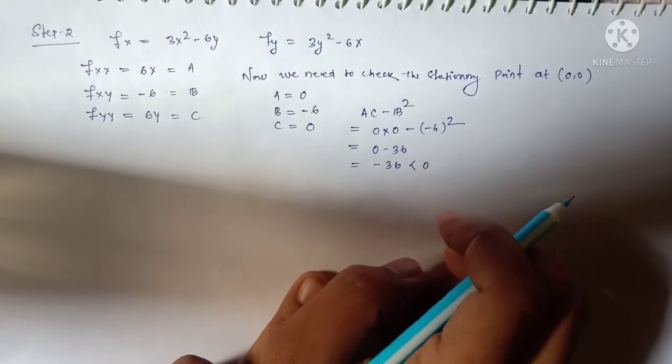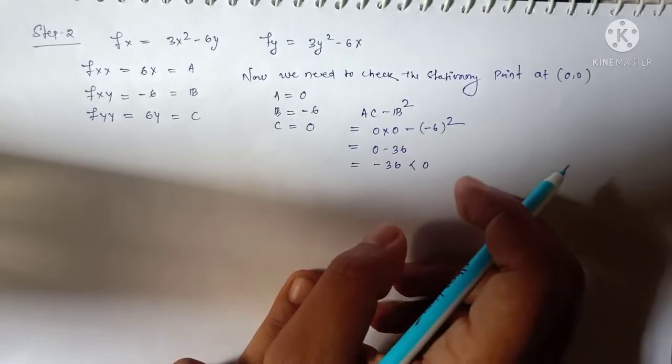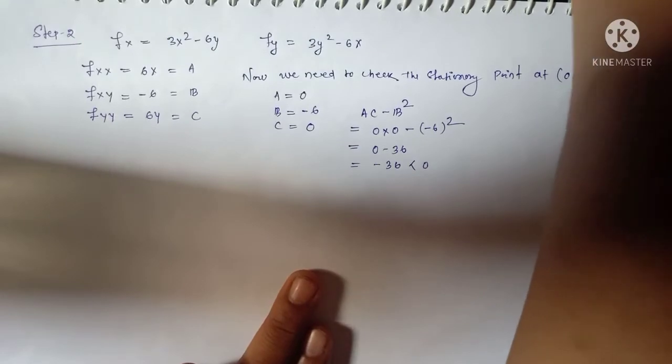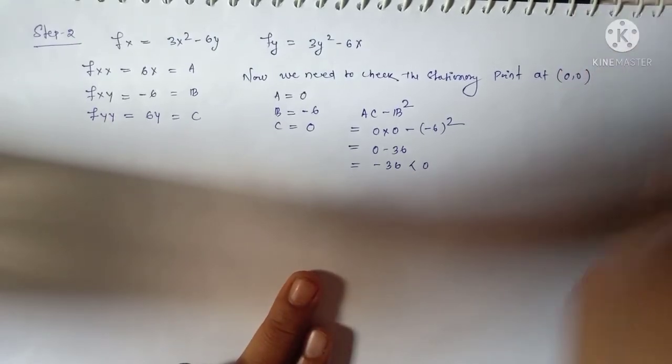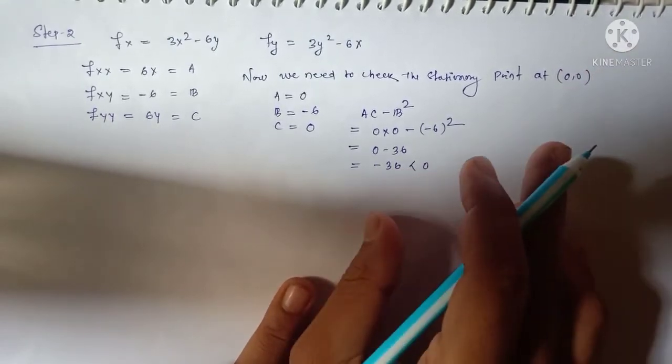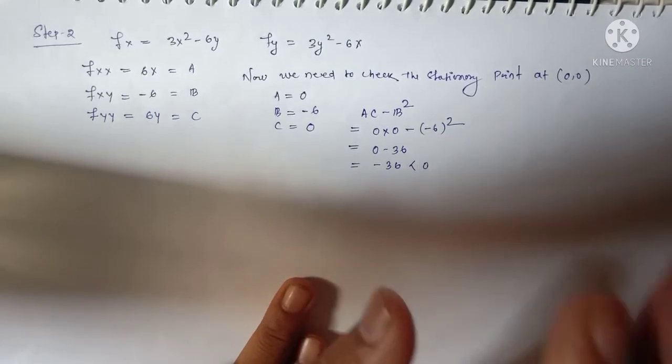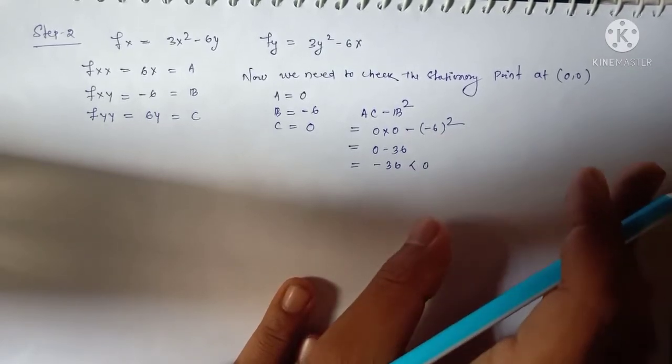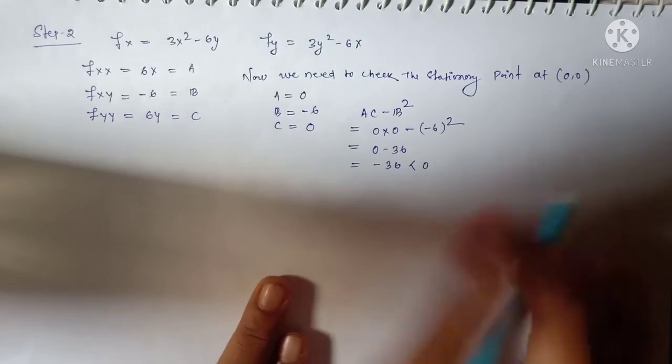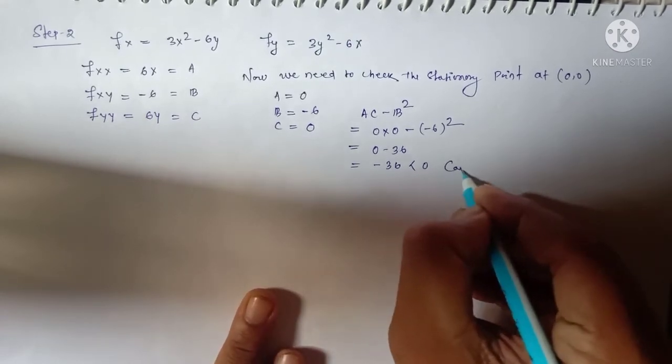So in the method, as we know, we will consider only the positive value, that means only greater than 0. We cannot take less than or equal to 0, right? So this will be cancelled.